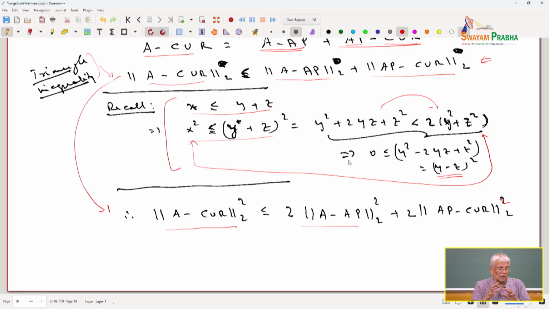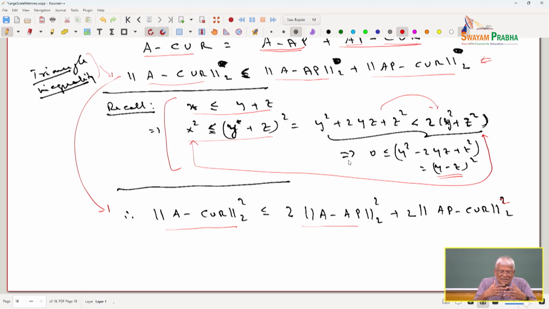So, let us talk about this now in summary. I can find a sketch using SVD, but that is expensive. Not only is it expensive, but also the matrices U, lambda to the power half, and V are not directly related to the columns of A and the rows of A, they are simply linear combinations of the columns of A and the rows of A. So, I lose the identity of the rows and columns when I go the SVD way.